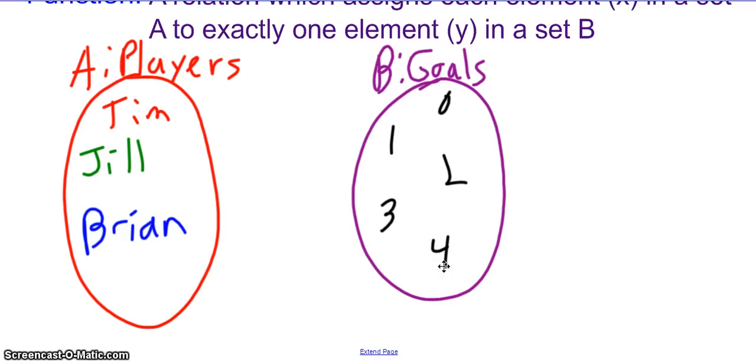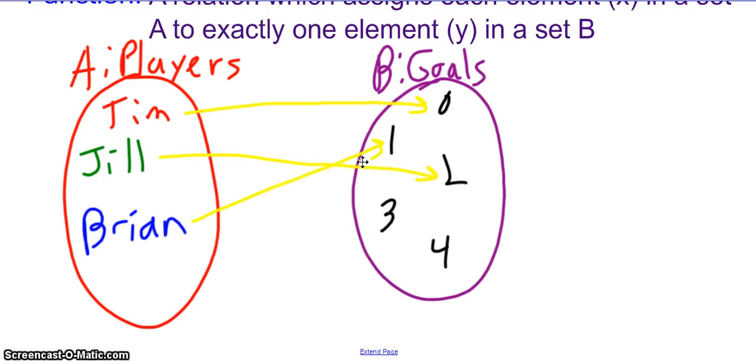So if this is a function, and this is for a particular game, let's say Tim had 0 goals, Jill had 2 goals, and Brian had 1 goal.